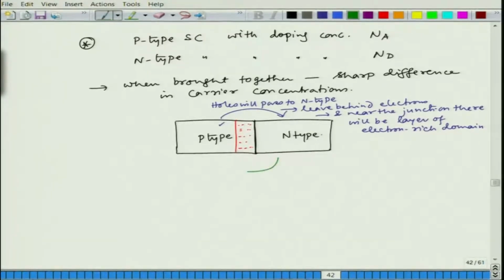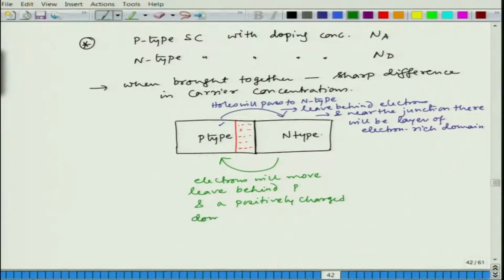And the opposite thing will happen from the n side. So, from here the electrons will move, right, and they will leave behind holes, and a positively charged domain will be generated near the junction, right.